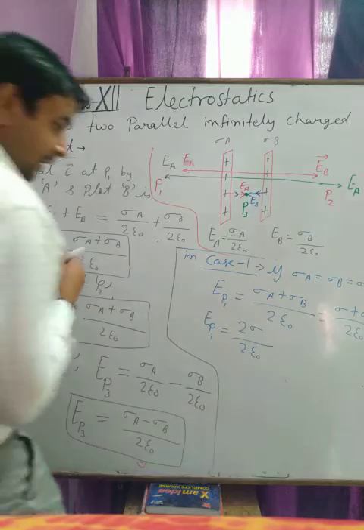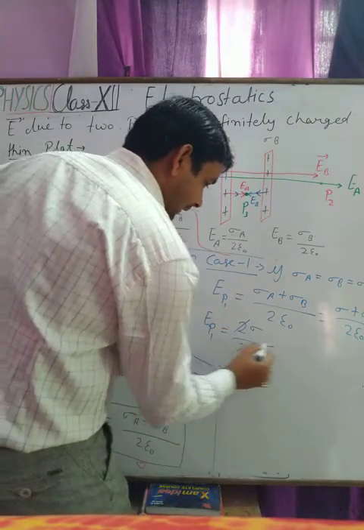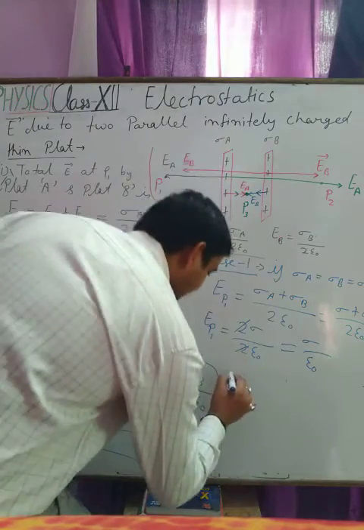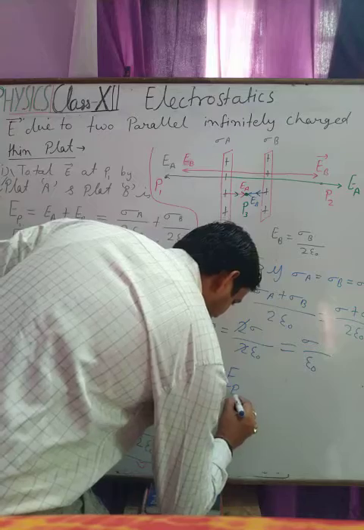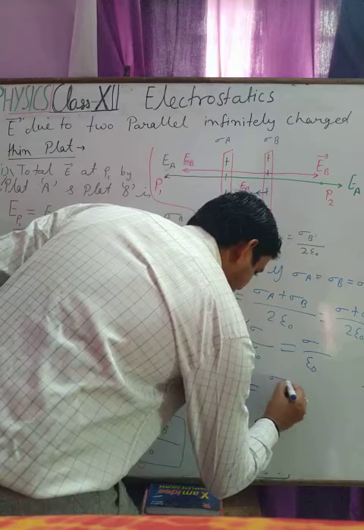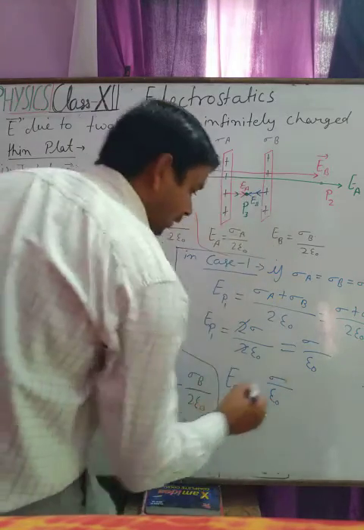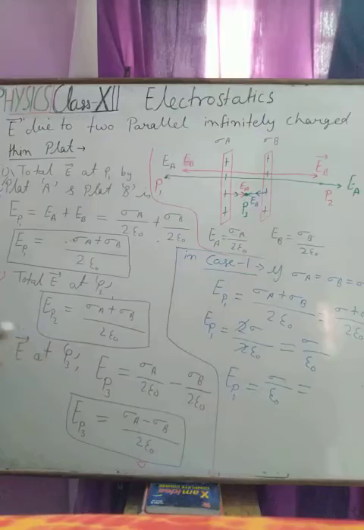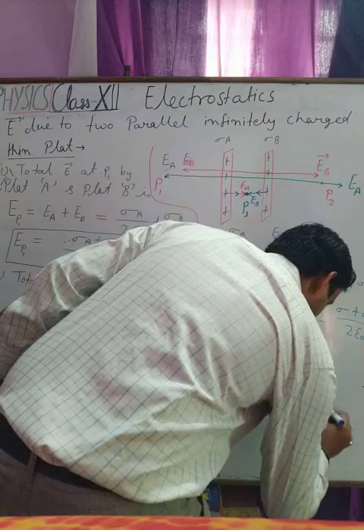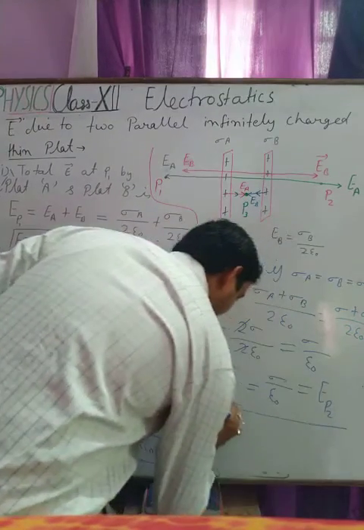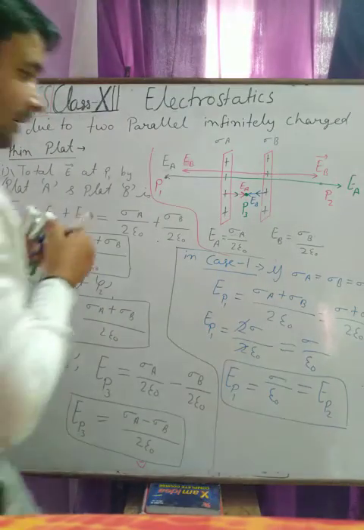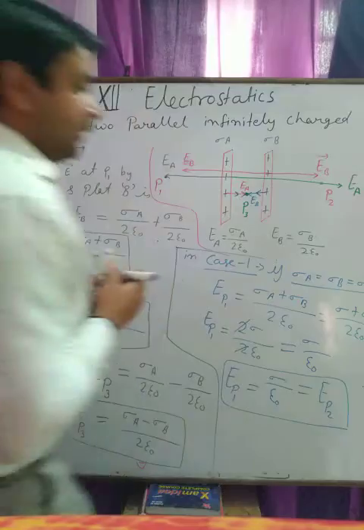Okay, so these two cancel, we get sigma upon epsilon naught. Therefore E_P1 is equal to sigma upon epsilon naught, and this is also equal to the value of E_P2. So this value is also for E1 and E2. Remember the case, students, these are equal values.